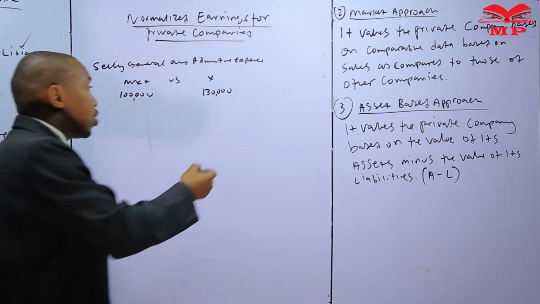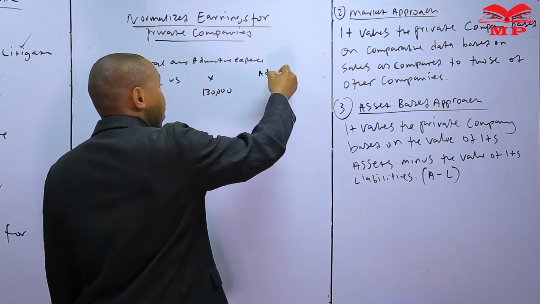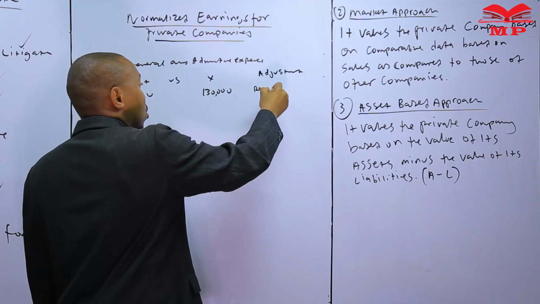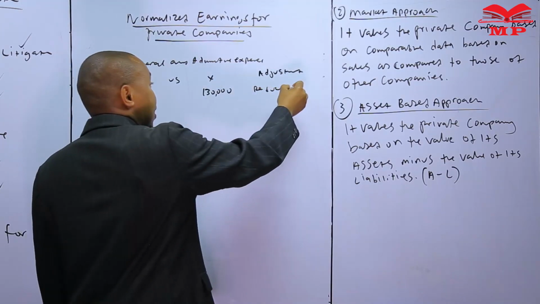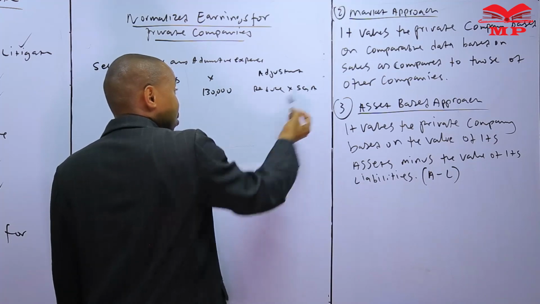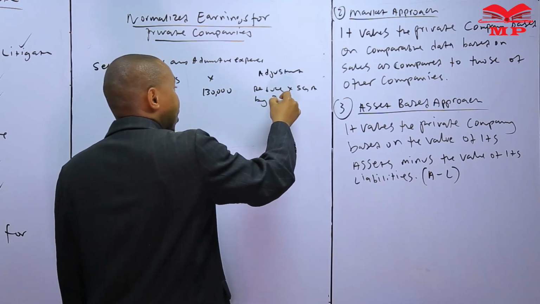What do we do? We need to make an adjustment. So we reduce company X's selling, general, administrative expenses by 30,000.